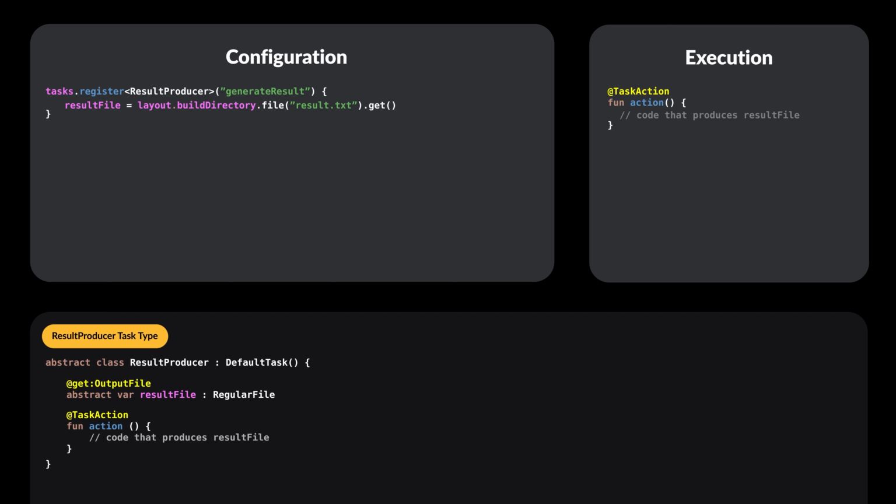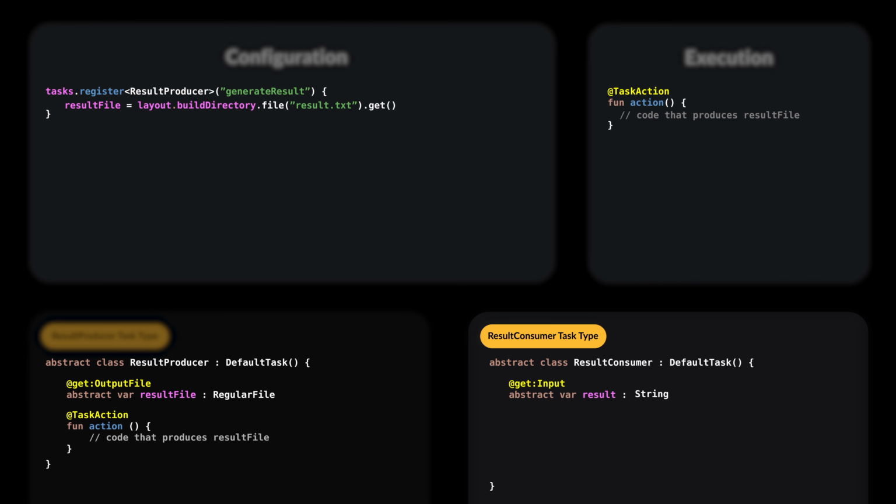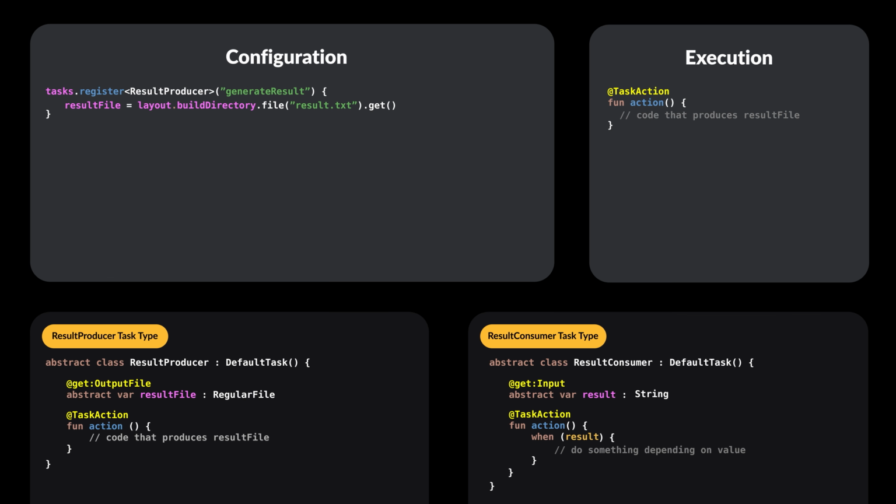There is another task type called result consumer that requires a string result input. The action looks at the result and, depending on the value, does something. According to the documentation, it is recommended to use property of string. For now, let's just use string. Say there is an evaluate result task of this type, which depends on the generate result task.